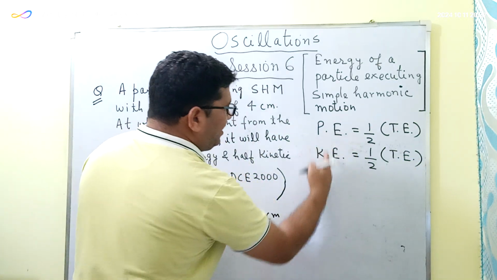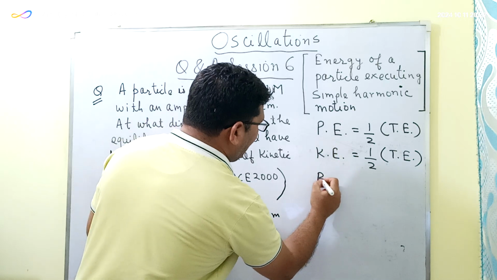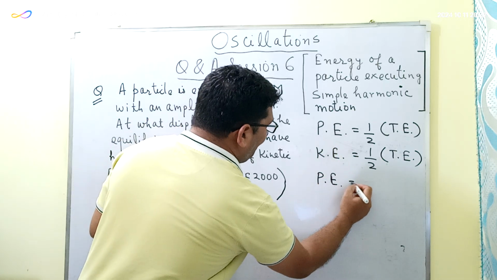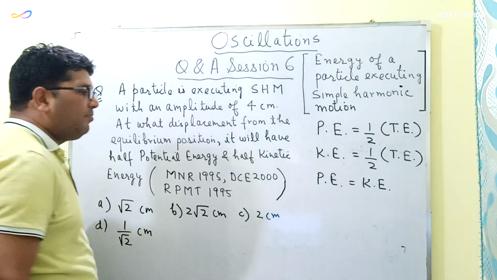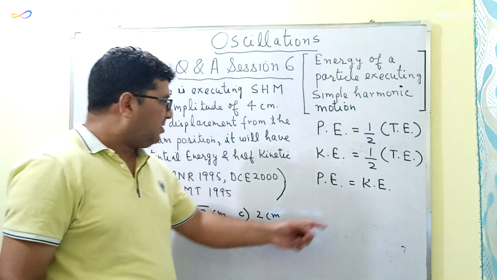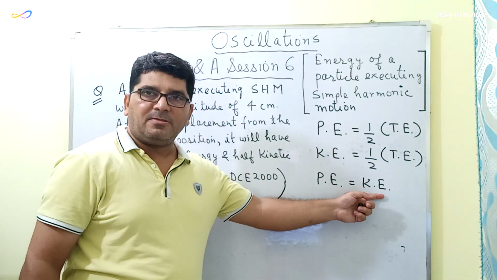So from these two statements we can simply say that the potential energy of the particle at that displacement from the equilibrium position will be equal to the kinetic energy.